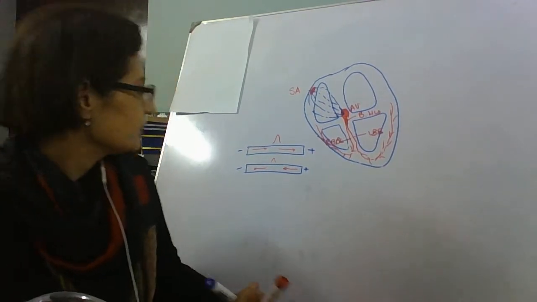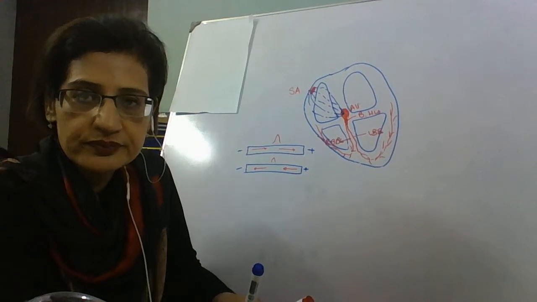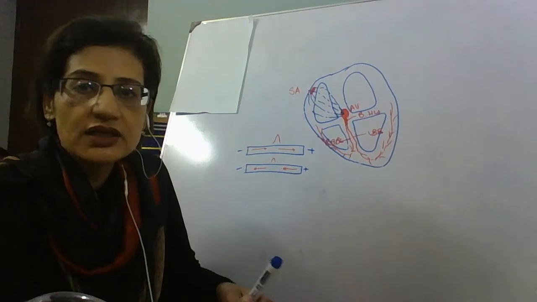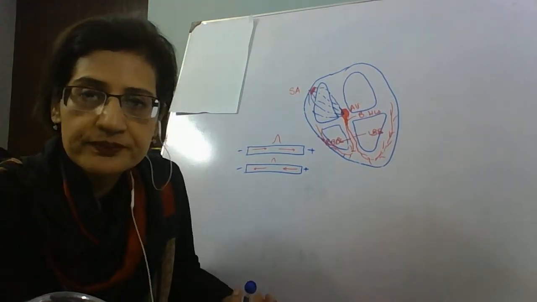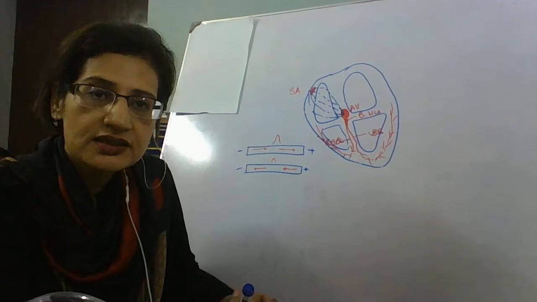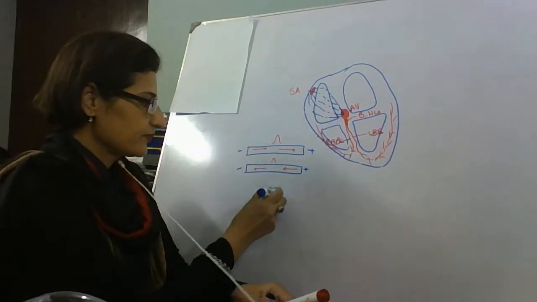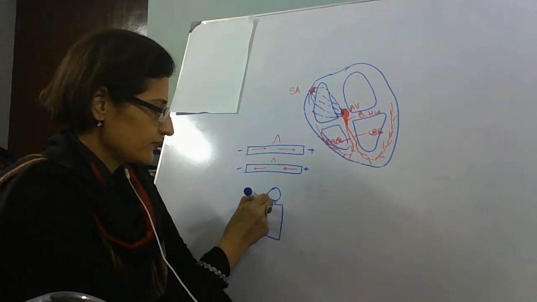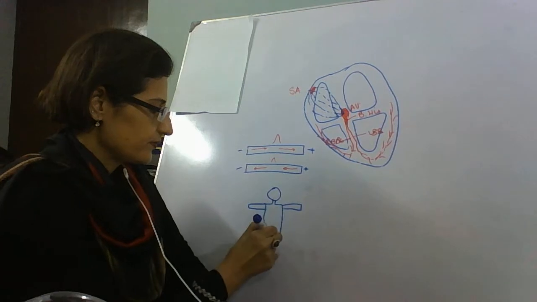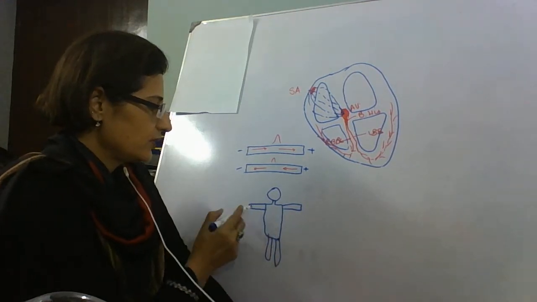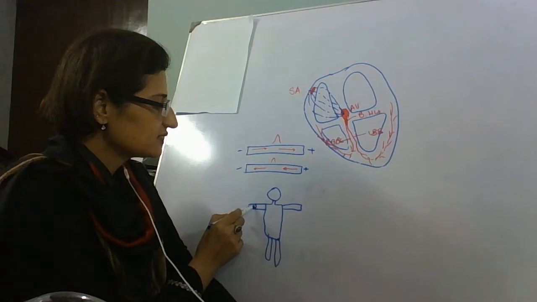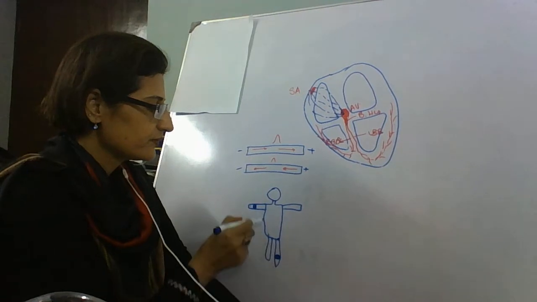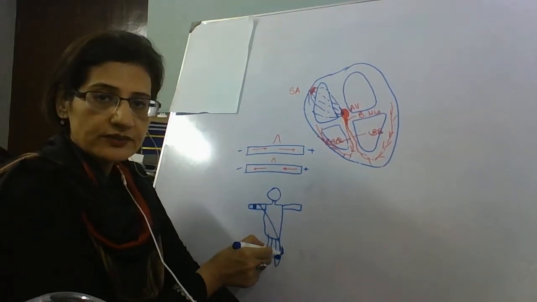So basically the waveform which I showed you is the waveform we see in lead 2 ECG. Lead 2 ECG, if you remember, is the lead which connects the right upper limb to the left foot, goes in this direction.